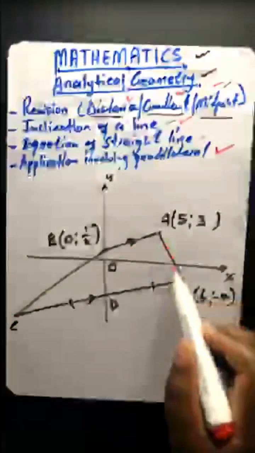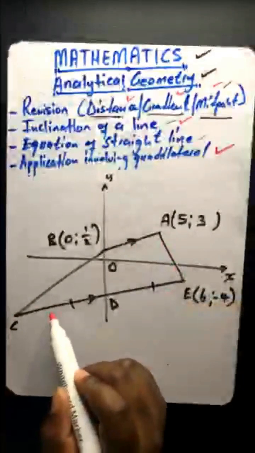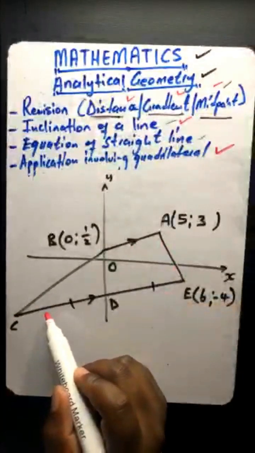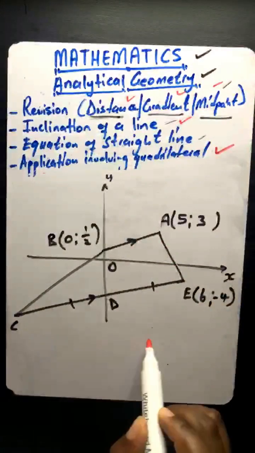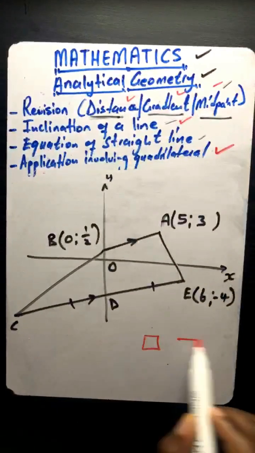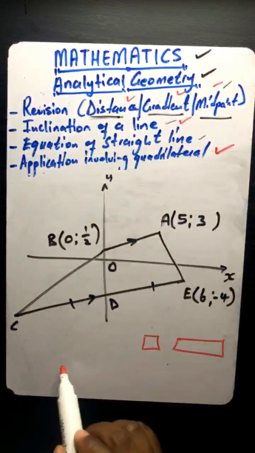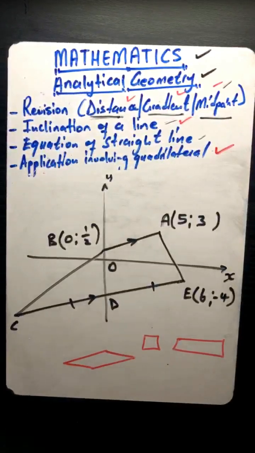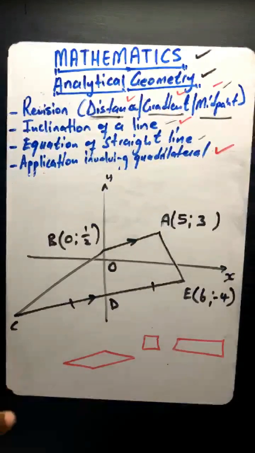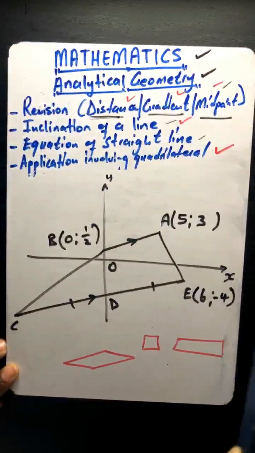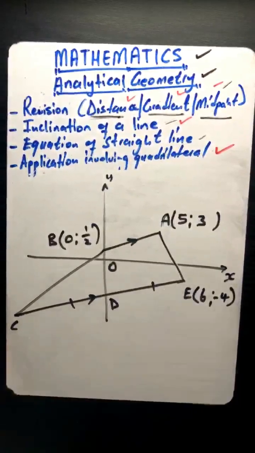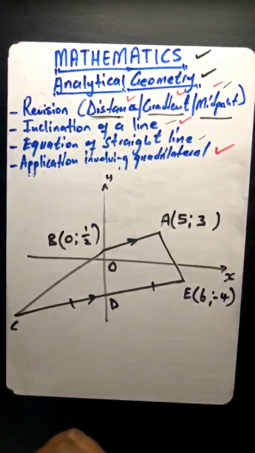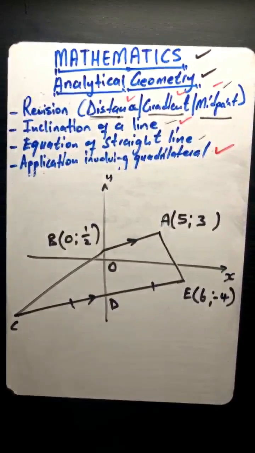It could be a trapezium, a square, or a rectangle. So in most cases you might need to expect a shape that has 4 sides. Let me quickly read that statement.